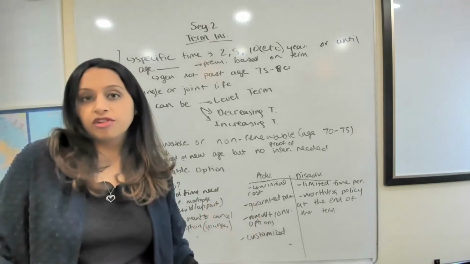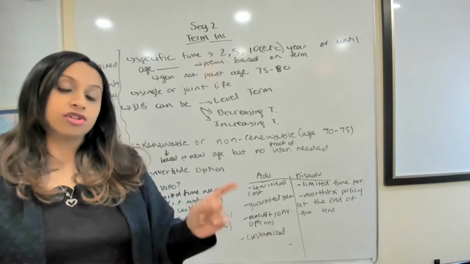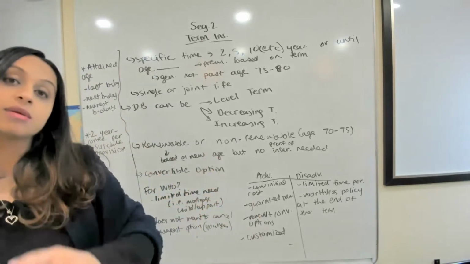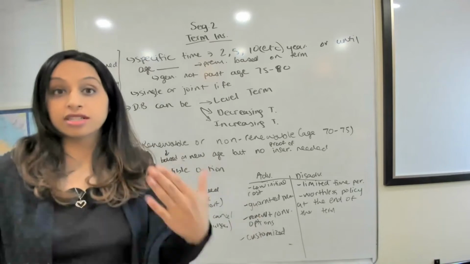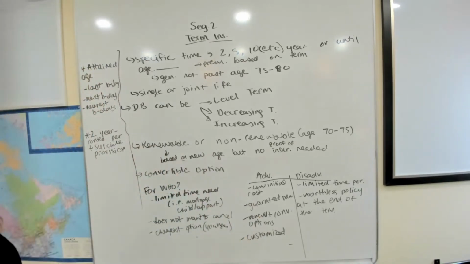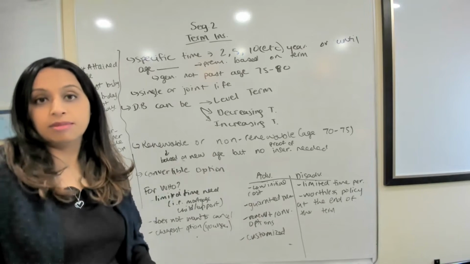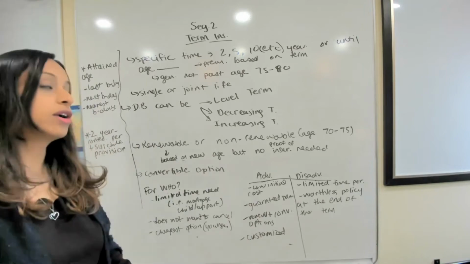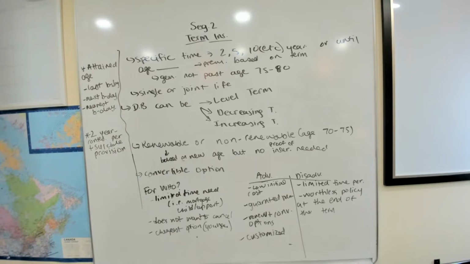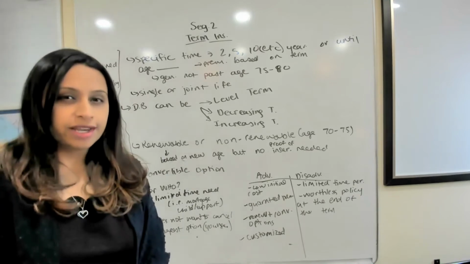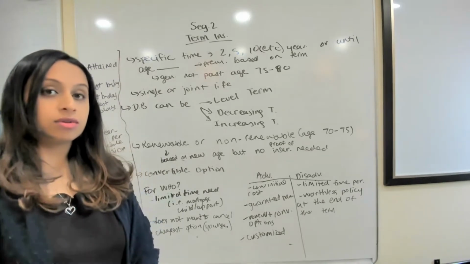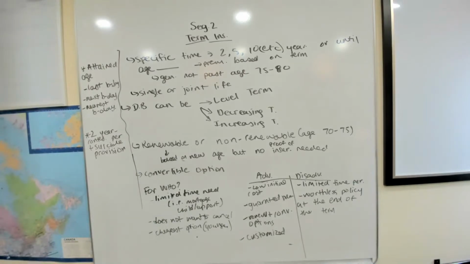So that's where if you're on the cusp of a bracket and you're just hitting into another bracket, the premium can be very different. Cost can go up, right? So cost is usually going up every year, but it might be a few dollars versus a little bit more depending on how old you are. So attained age is important, and there usually is a question on the exam for age as well. So just make sure you guys look over this in your notes, but we will go over it now as well, just to refresh your memory.